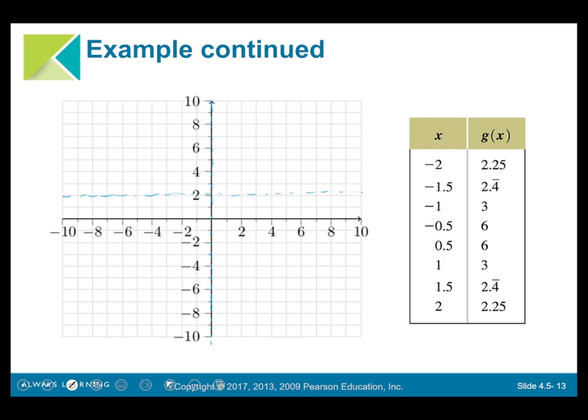Now if I plot these points that we have on the right, we're going to be able to start to pick up our graph and see what shape this curve is going to have. I'm going to plot -2 and 2.25, which is about right here. Then I'm going to plot -1.5 and 2.4, which is a little bit higher.